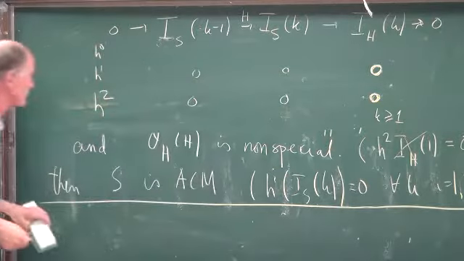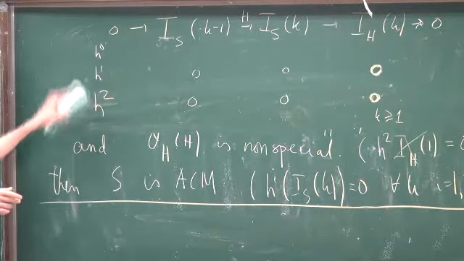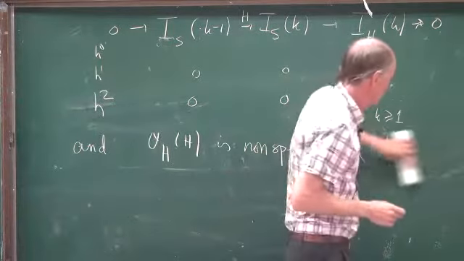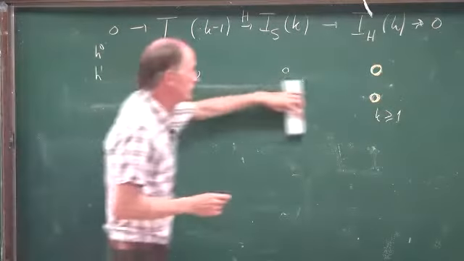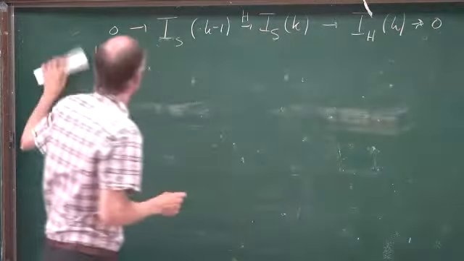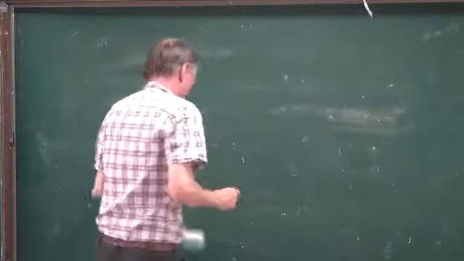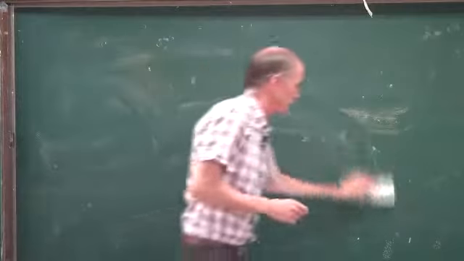Okay. So this is useful for us because we take a surface and look at its hyperplane section. If the hyperplane section is arithmetically Cohen-Macaulay, then the surface is also.